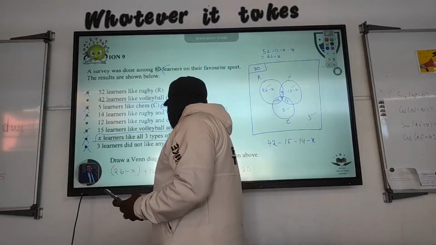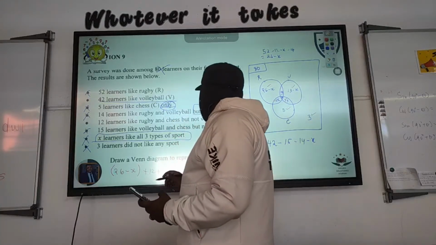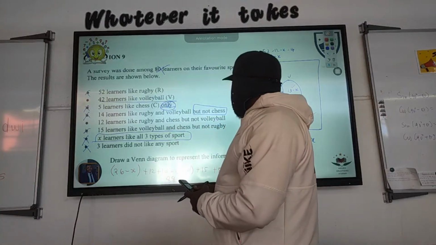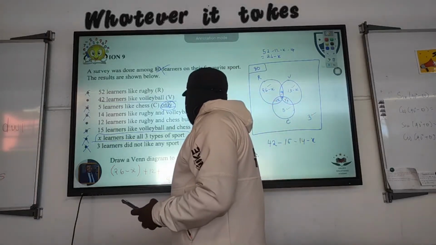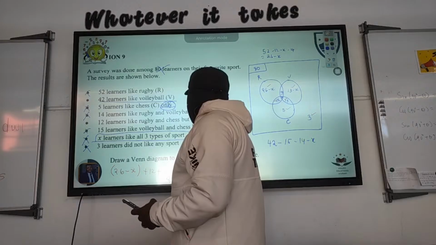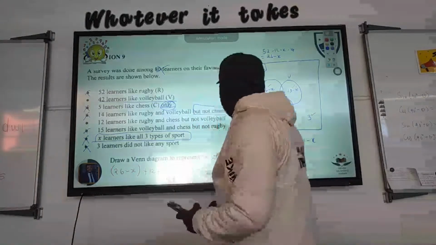So I had 88, then I have a negative x, and then I have minus negative x. So this will give me a negative 2x, which must give me 80.